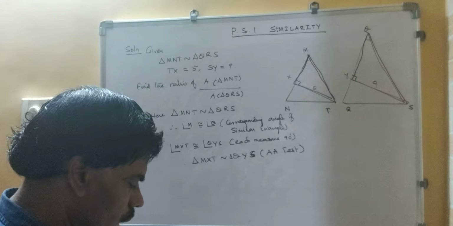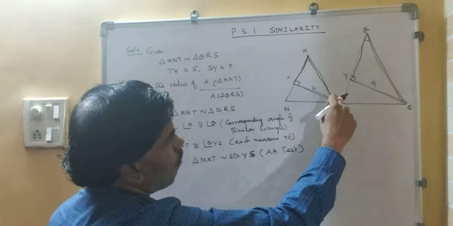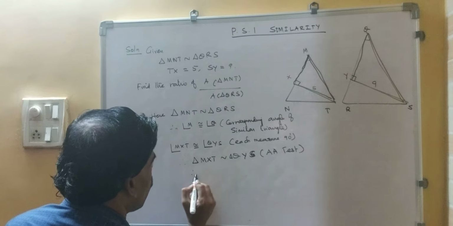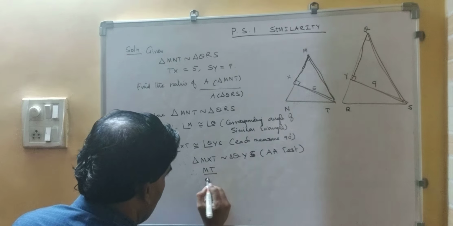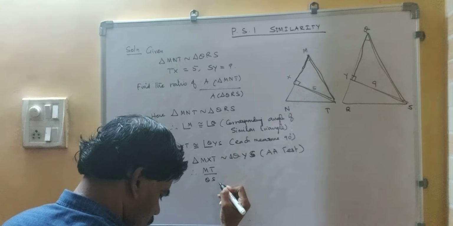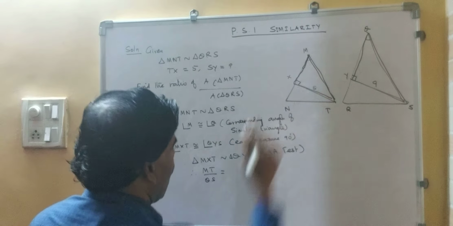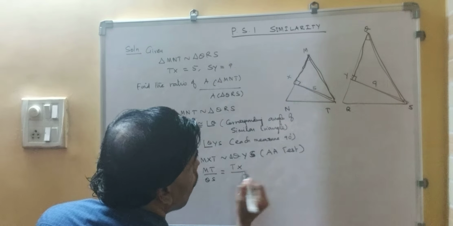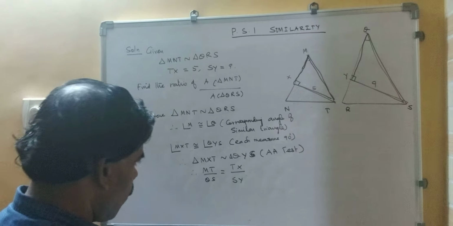Now these two triangles are similar. That means what? MT upon QS equal to TX upon SY.